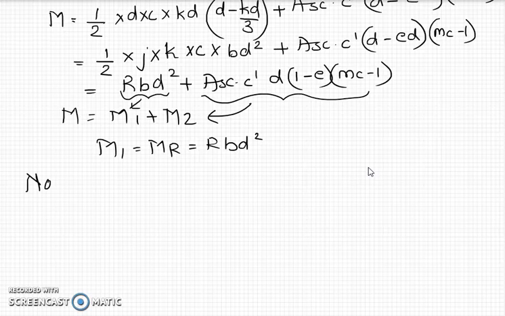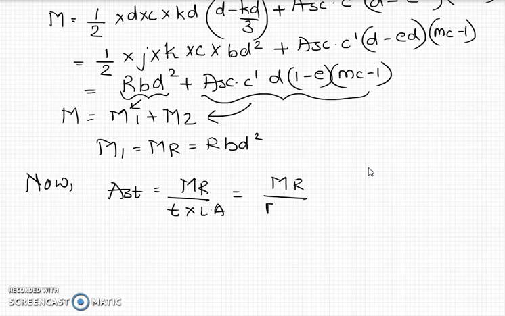Now, from the first derivation in the singly reinforced section, we have derived AST equal to MR upon T into lever arm, which we write as MR upon sigma ST into J into D. Okay, we have already done this.